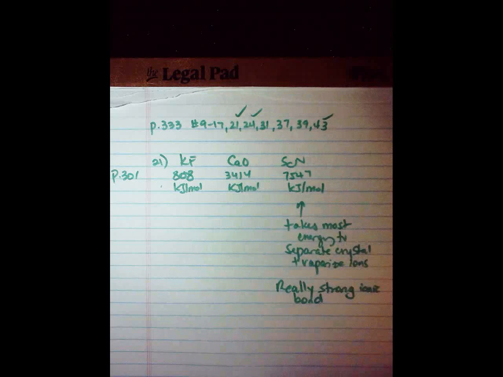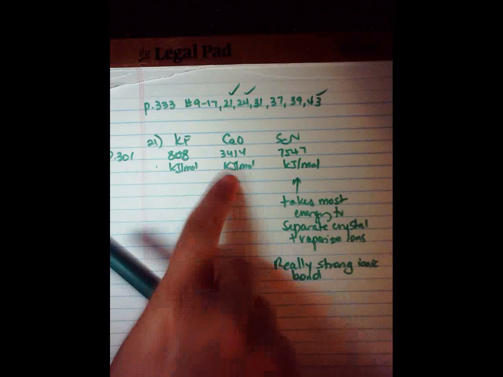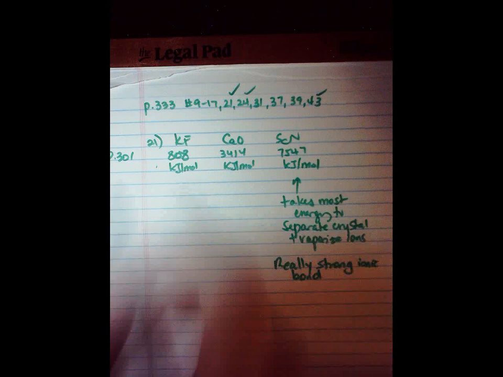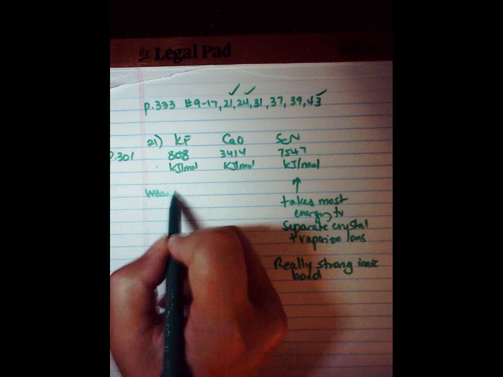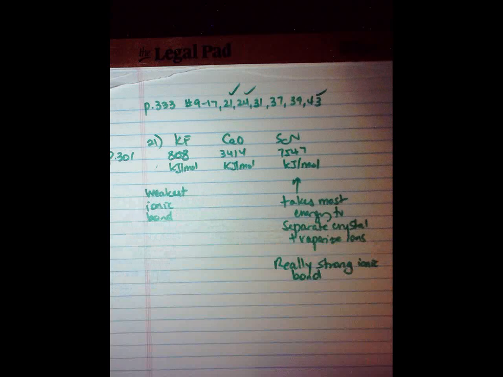All right, so what does that now leave you with? It leaves you with 2 other substances that take less energy. So what does that tell you about the strength of those ionic bonds? Which one is the weakest? KF is the weakest of these ionic bonds, and then CaO is kind of in the middle.